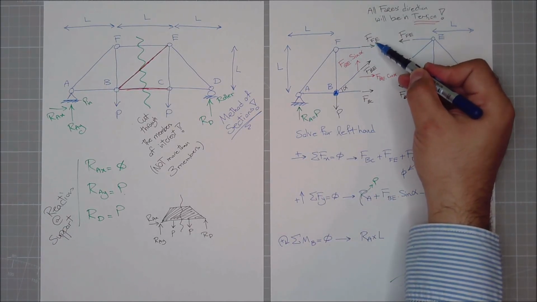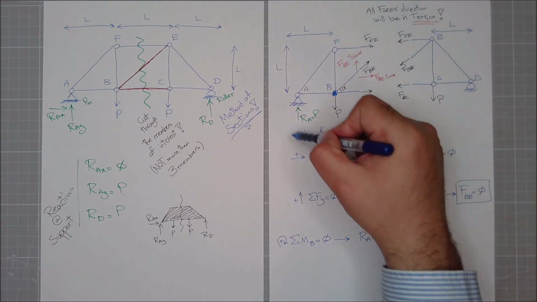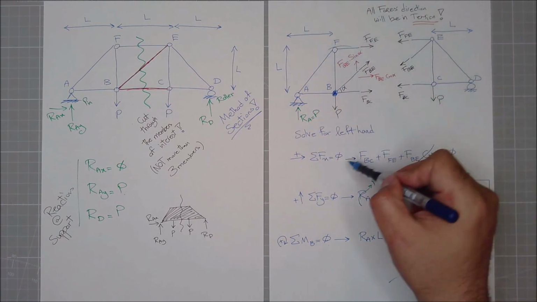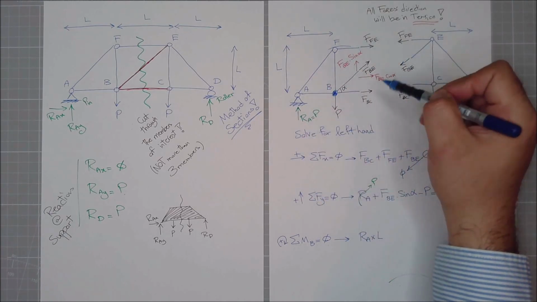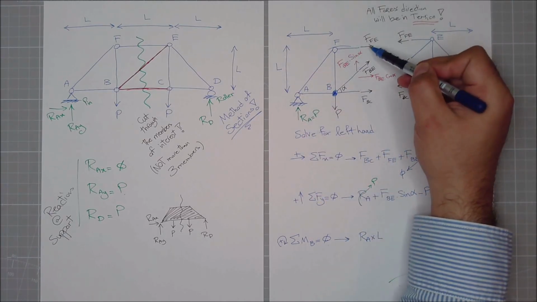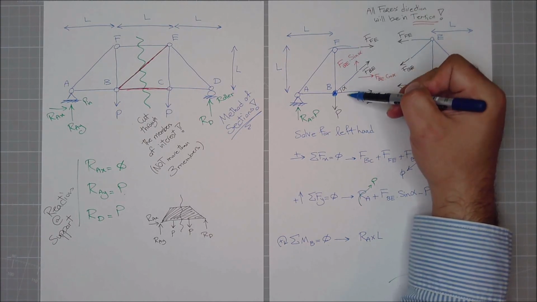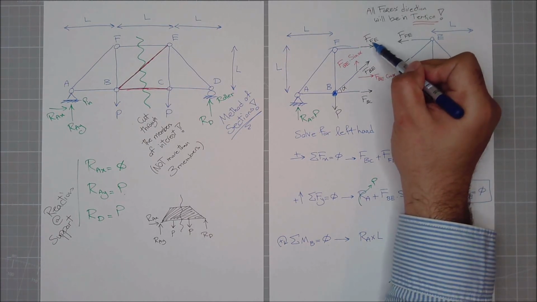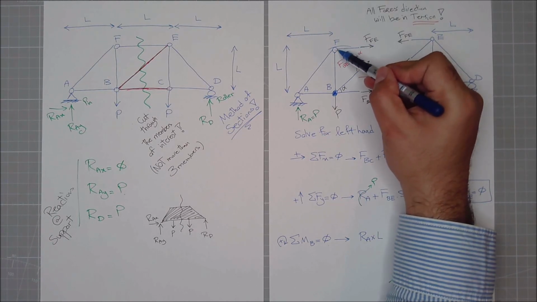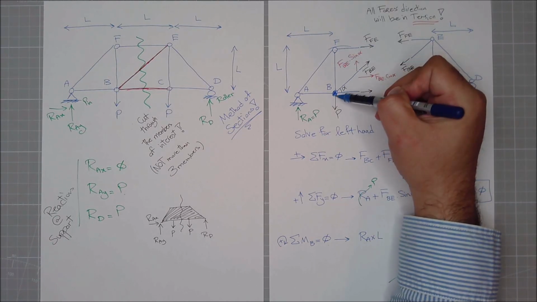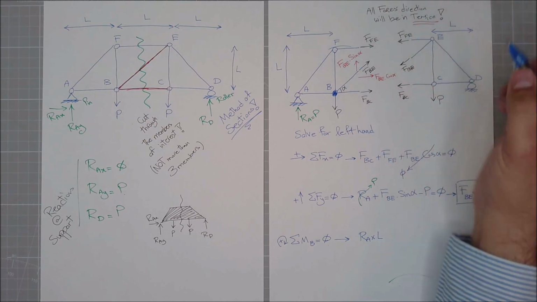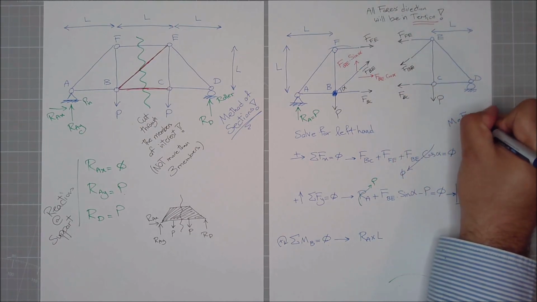Look at this, FFE. If it goes around point B, again it is clockwise. And the perpendicular distance of FE to B is this distance. Again, this FE, although I have drawn it here, is actually coming from this point.